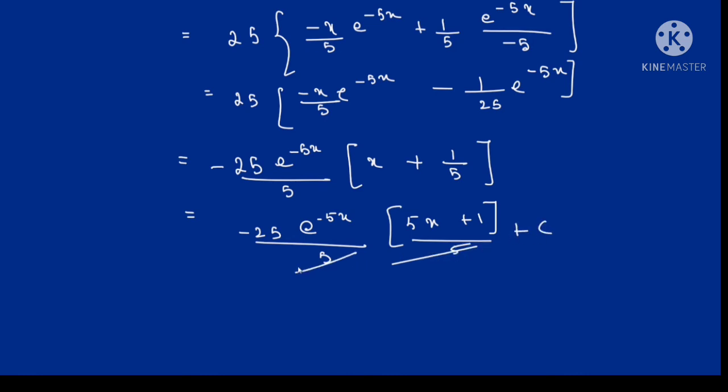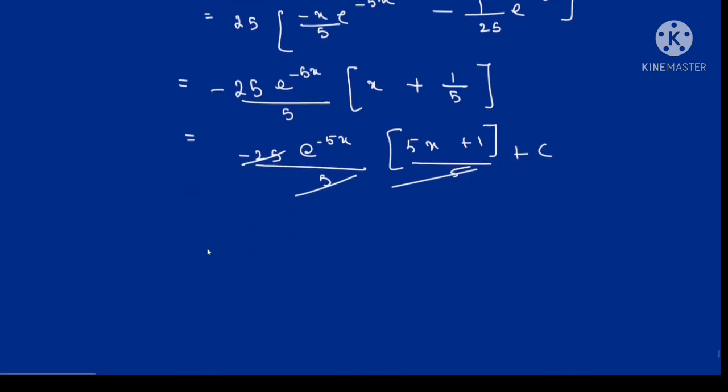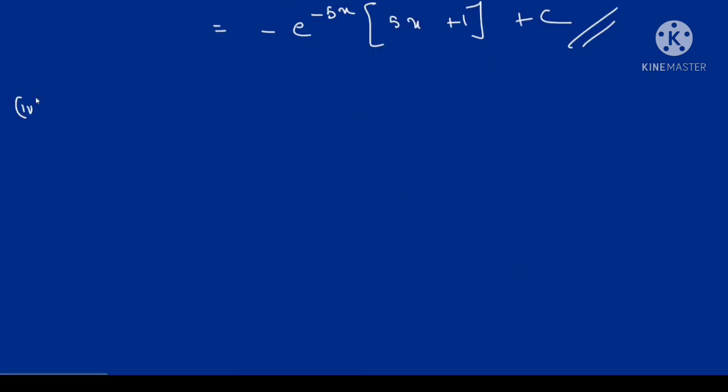So this 5 and 5, 25 get cancelled. So the final answer is minus e power minus 5x, 5x plus 1, plus c. So that's the answer.